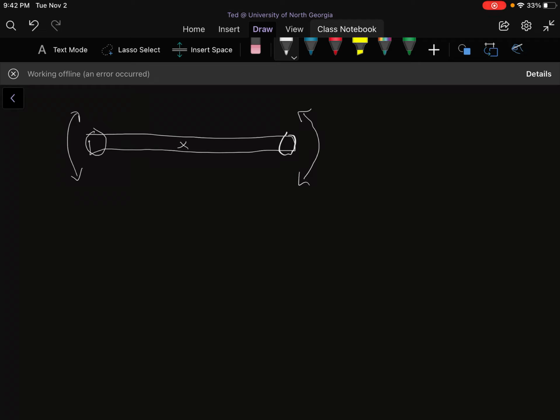So what we now realize is that rotational inertia, and the scientific term for this is moment of inertia, which I like to think of as rotational inertia.